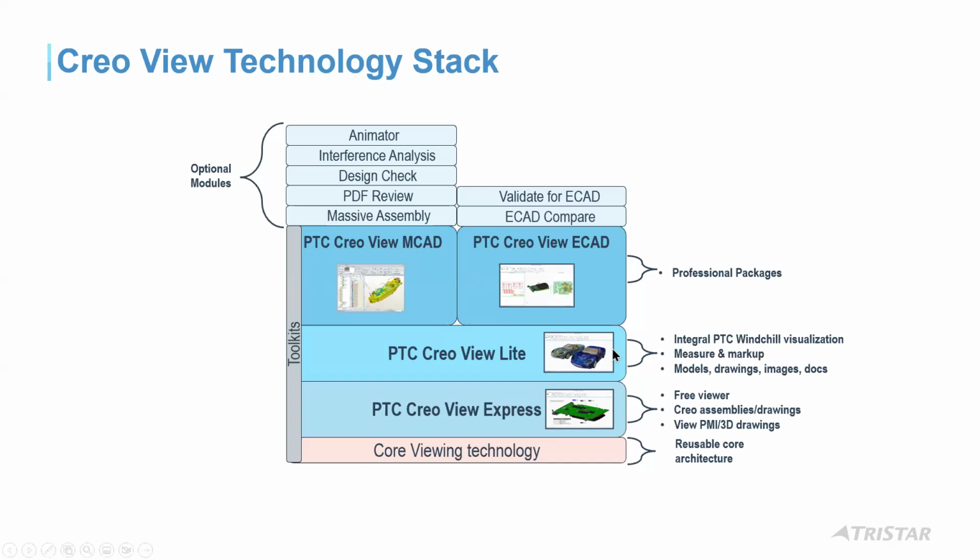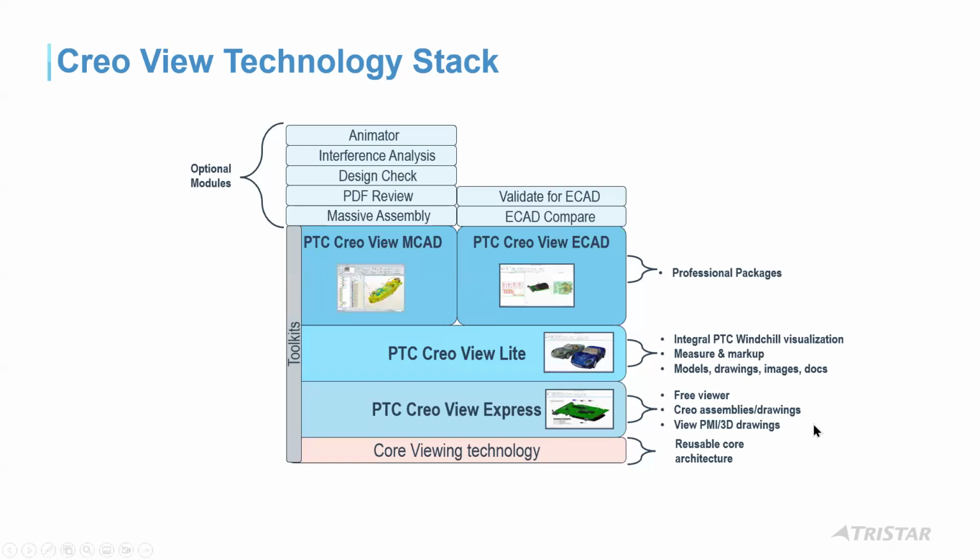When you're using Creo View Lite with Windchill, you need to make sure that the published model is available. So when you have a preview, you can open it up in Creo View. If you don't have a preview, you have to start publishing that model to convert it to a Creo View format.